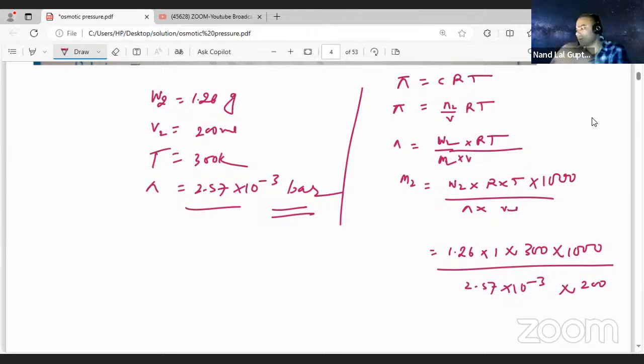So, let us go with the calculation, student. I am using the calculator to find out the answers.